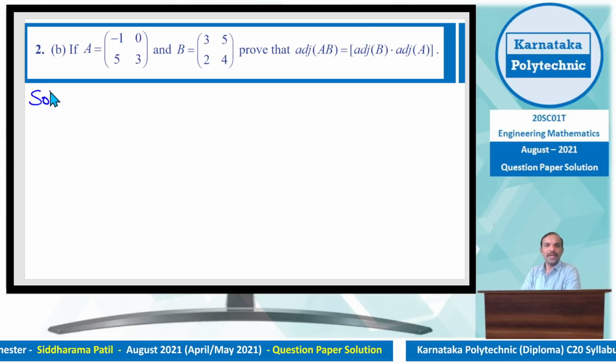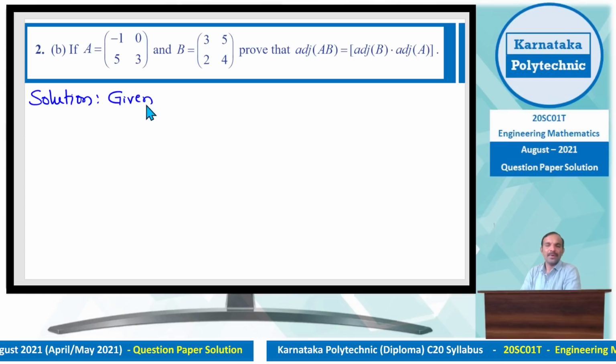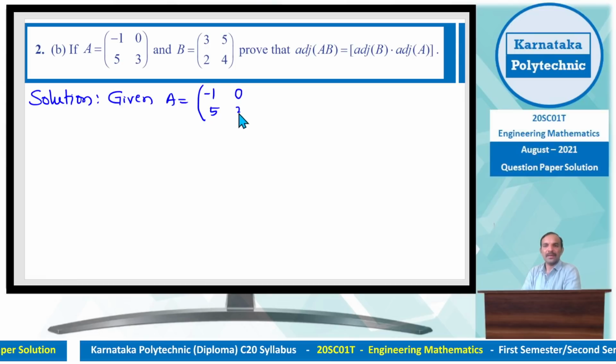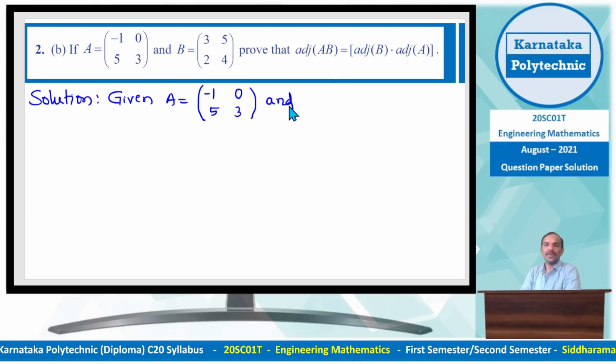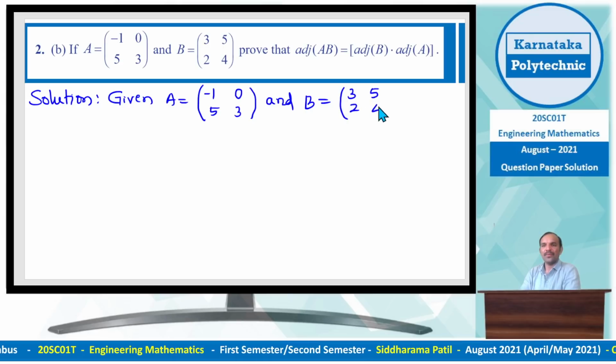First write down the given matrices. Given matrix A equal to minus 1, 0, 5, 3 and B equal to 3, 5, 2, 4.